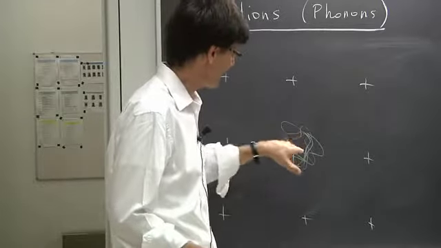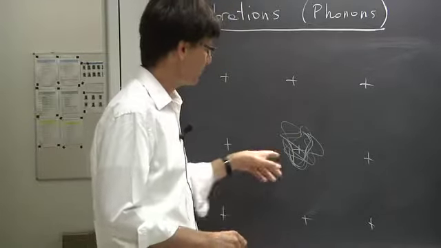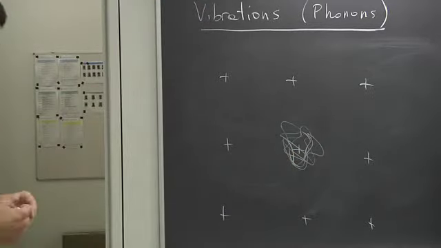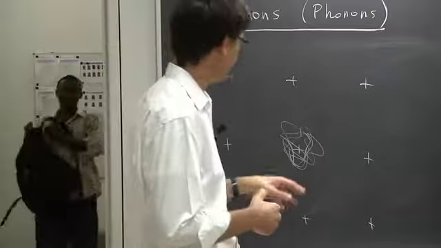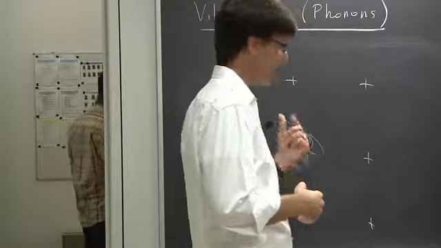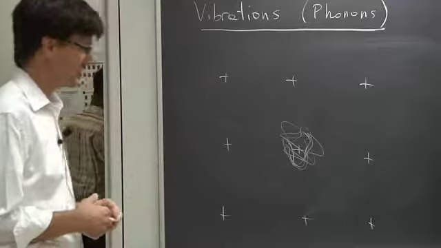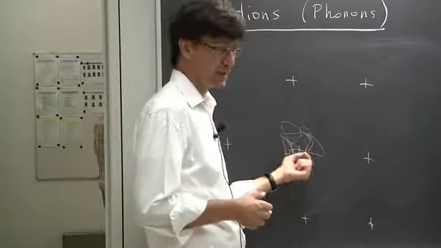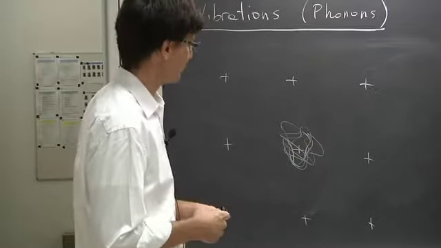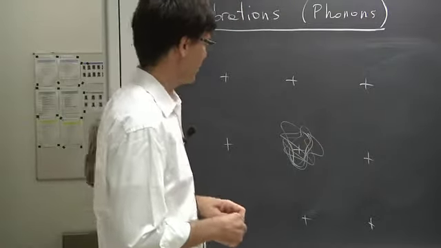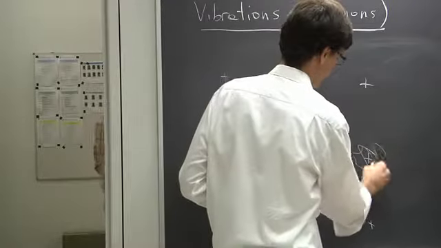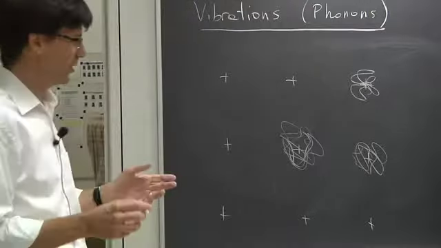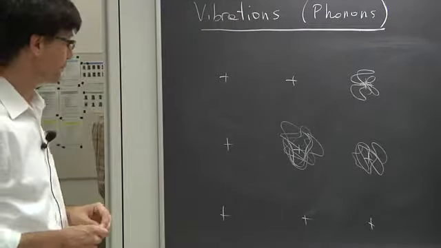So it will never be exactly in the equilibrium position, but it will oscillate around this equilibrium position with some frequency, hopefully, and we'll get back to that in a moment, and with some typical oscillation width, which is characteristic of the restoring potential that this nucleus has around the equilibrium position. Of course, all the other nuclei will do the same. They will vibrate. They will oscillate around their equilibrium position.